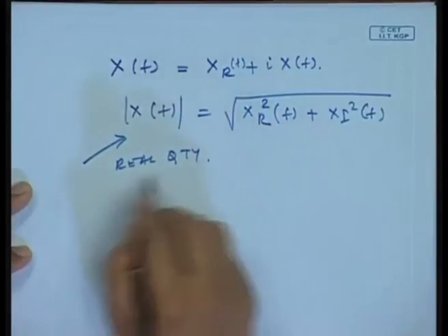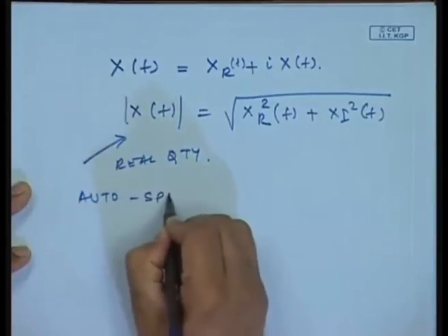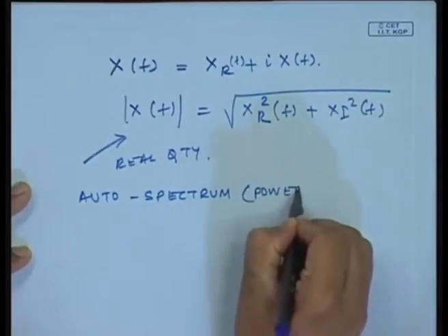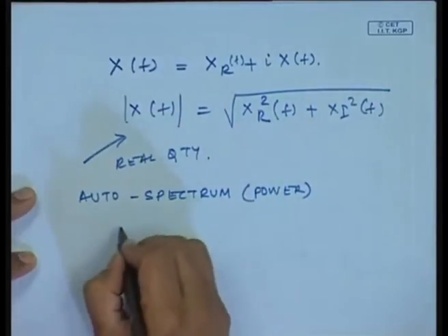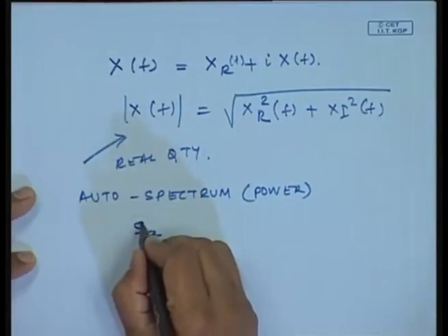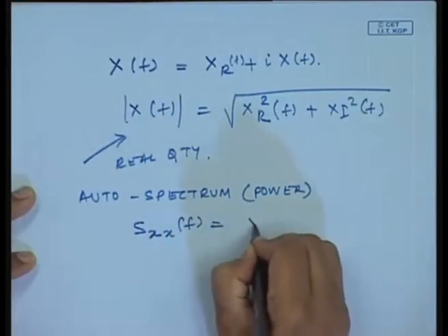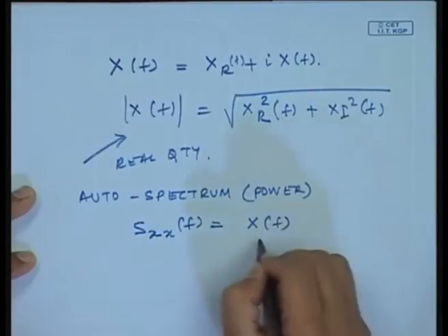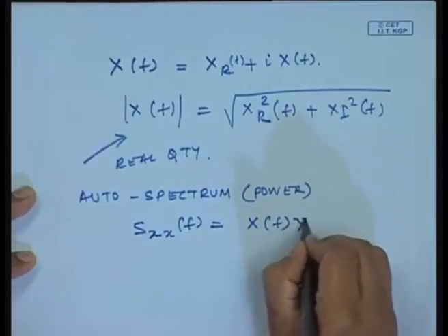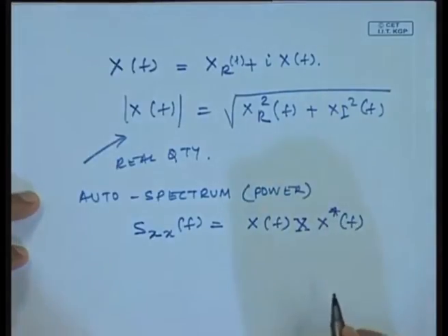Another quantity which we use is the auto spectrum or auto power spectrum of the signal. It is defined by this notation, Sxx(f), which is nothing but the FFT of the signal multiplied, be careful, this is a multiplication, by its complex conjugate.